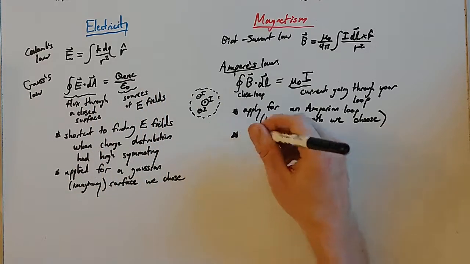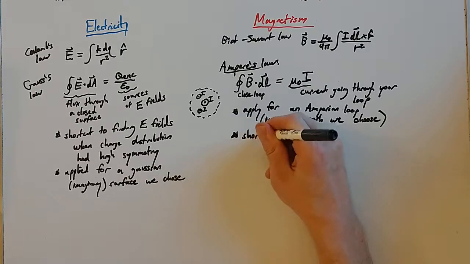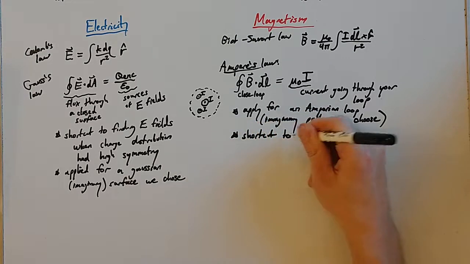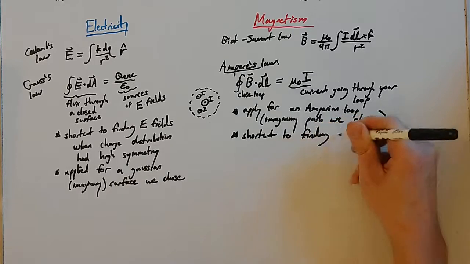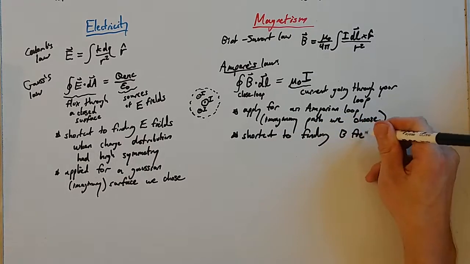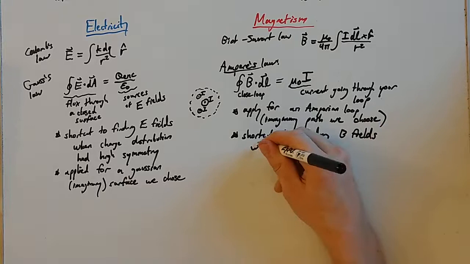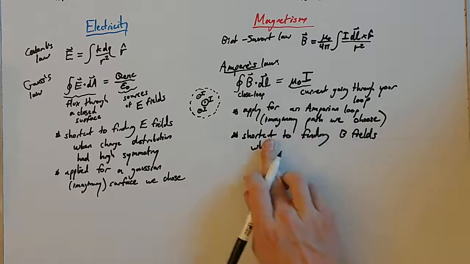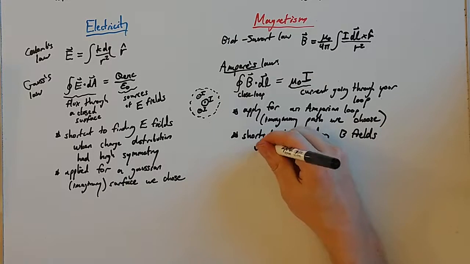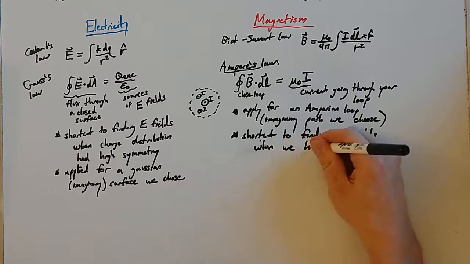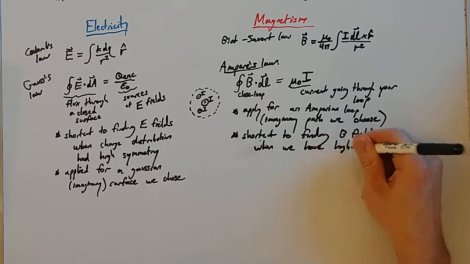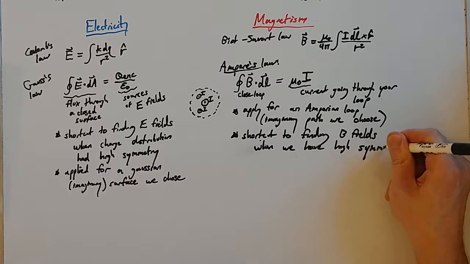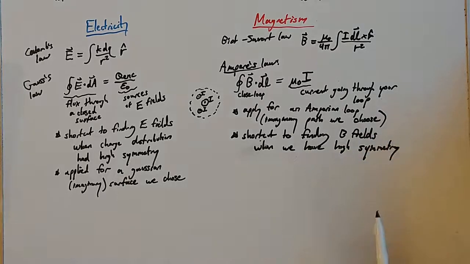Ampere's law is going to be a shortcut to finding B fields, magnetic fields, when we have high symmetry. So I'll want to do some examples of these, and we'll do examples of Ampere's law in the next videos, but hopefully this really helps lay it out for you.